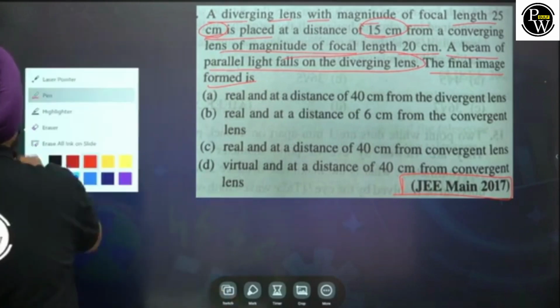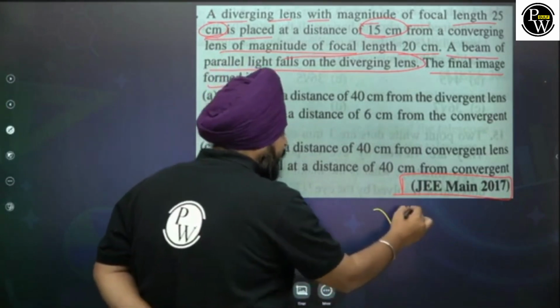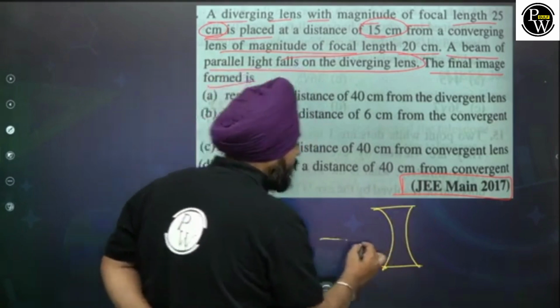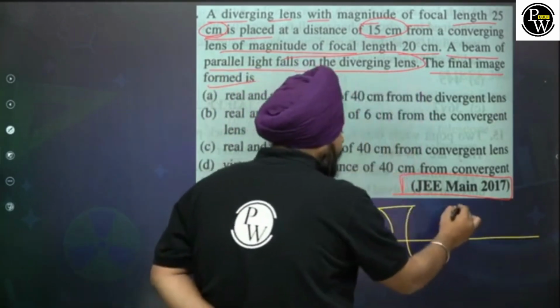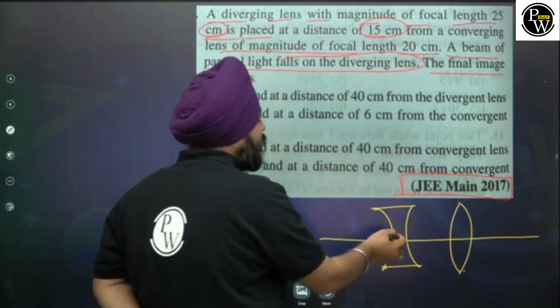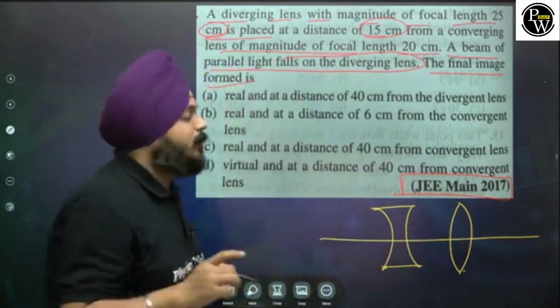So first of all, I should give you all the data. The one that is a diverging lens, I would consider the concave lens as the diverging lens. The second lens is a converging lens. Sorry, this is a converging and this is a diverging lens. I'm sorry for that.